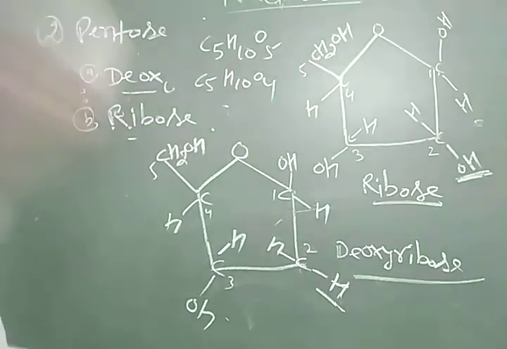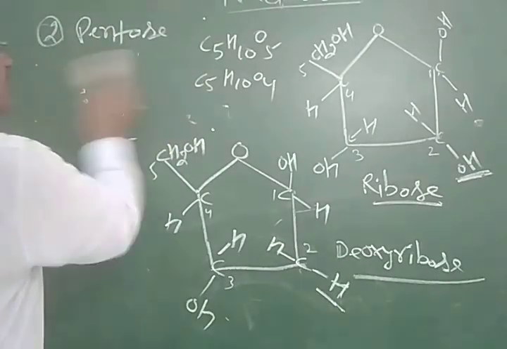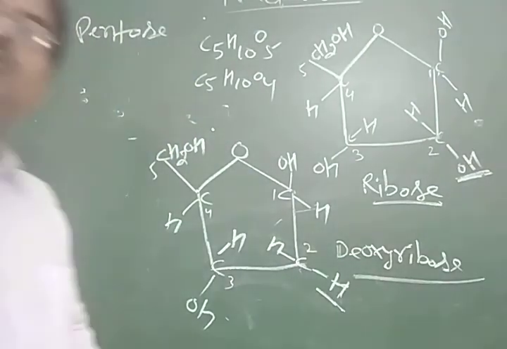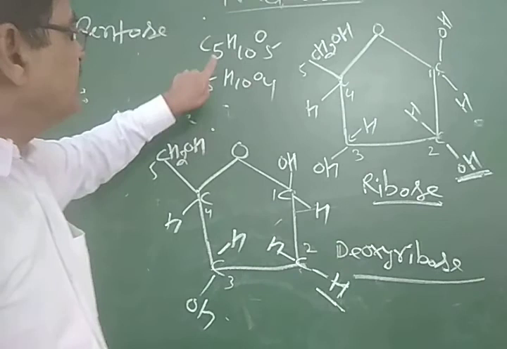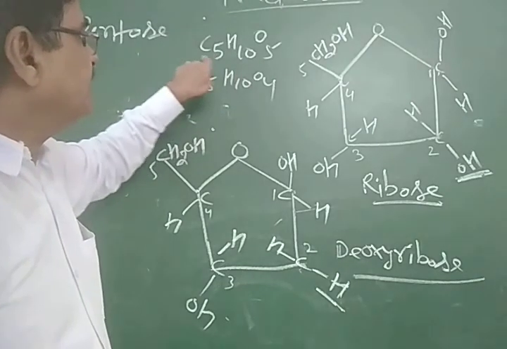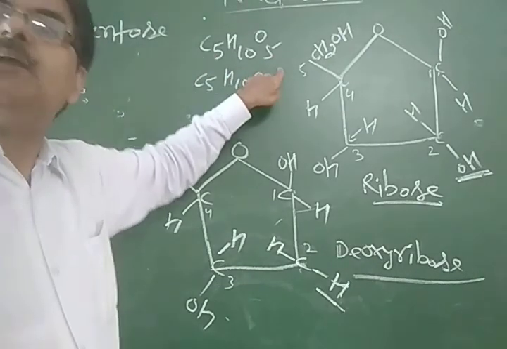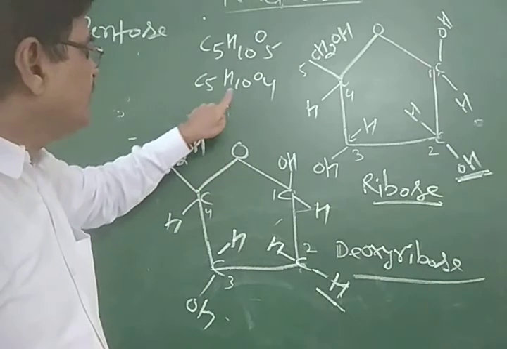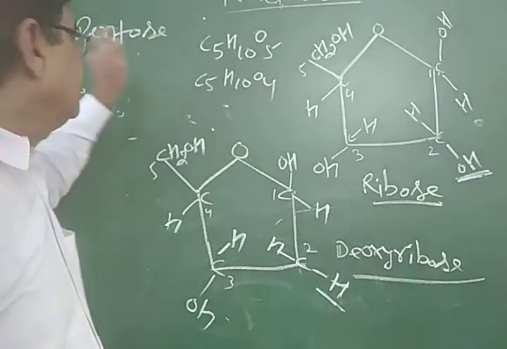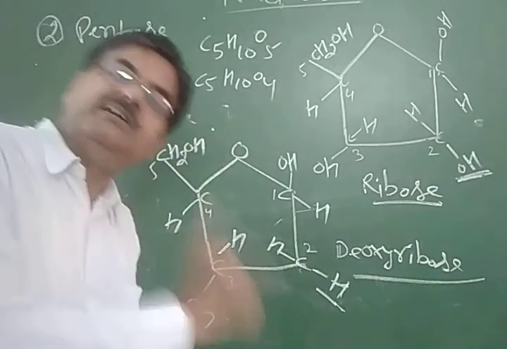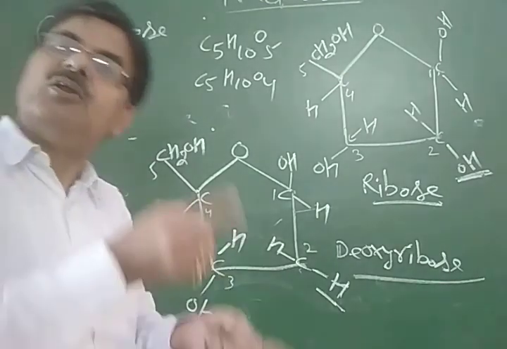So this is the difference between the ribose and deoxyribose. In ribose, the molecular formula is C5H10O5, while in the deoxyribose there is O4. So deoxy means one oxygen less.